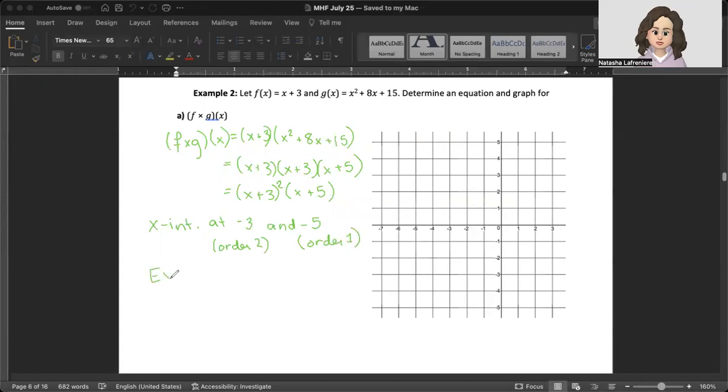And so it extends from quadrant 1 to quadrant 3. Okay, so our intercepts are -5 and -3. So this is downwards, up, and like that. Okay.